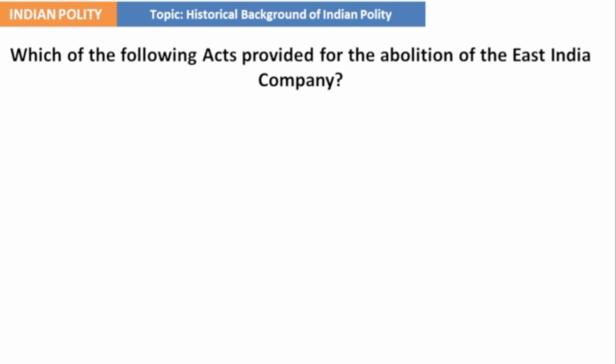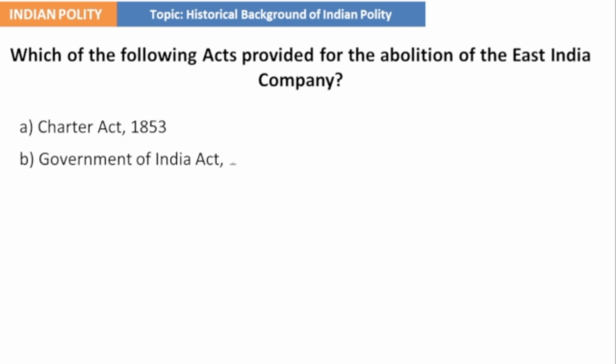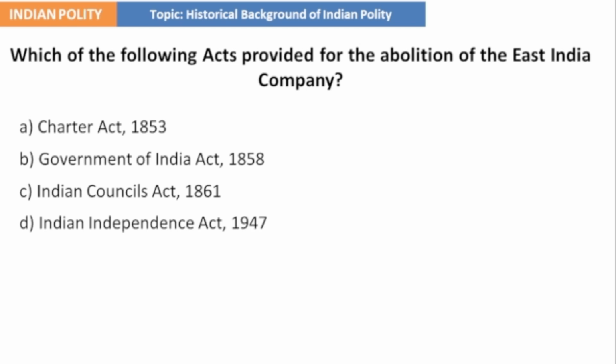Which of the following Acts provided for the abolition of the East India Company? And the right answer is option B, Government of India Act 1858.